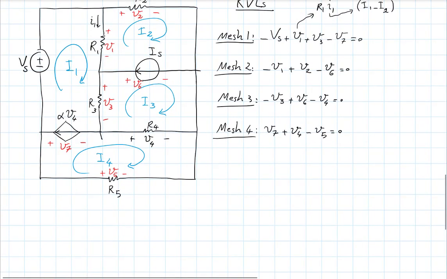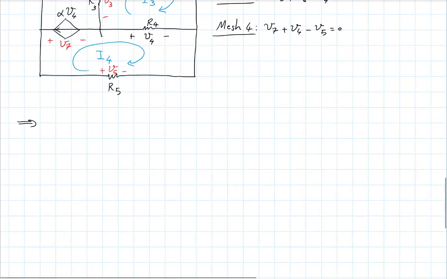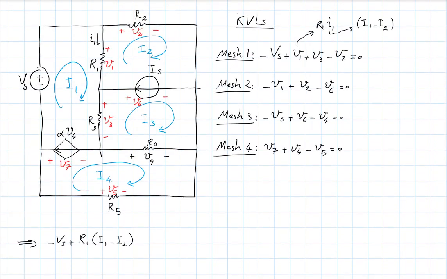So doing that, for my first equation, I have minus Vs plus R1 times I1 minus I2. This is what we just talked about. Plus V3, which you can do in the same manner. Imagine you have a little current I3 here. So your V3 is R3 times little I3, which, now what is little I3 in terms of mesh currents? Well, you have the mesh current I1 going in the same direction, and the big I3 going in the opposite direction.